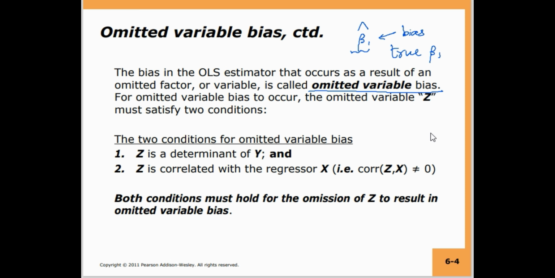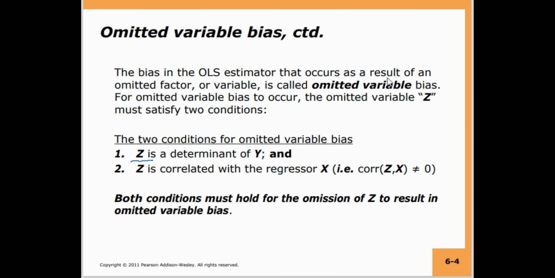You are making an estimate, and when you have not included the other variables, you might get a biased estimate of beta 1. So there are two conditions that are necessary for this bias to happen. One is that the variable that you have not included, which we have been talking of as x2 and x3, but in this slide they are talking about it as z. So you had dropped z from the original single variable regression, but in the multivariable regression you added z.